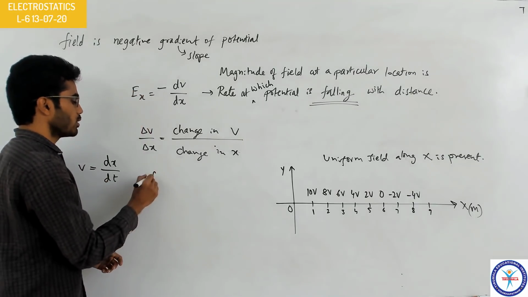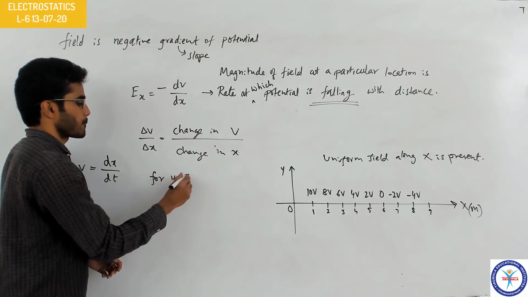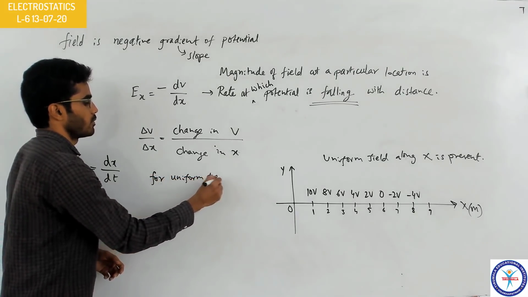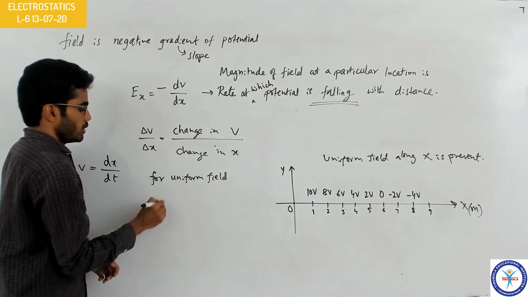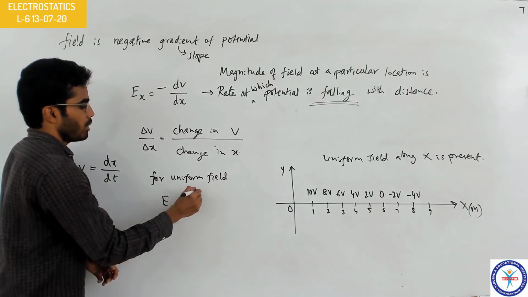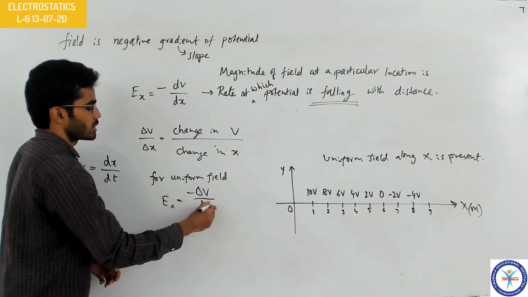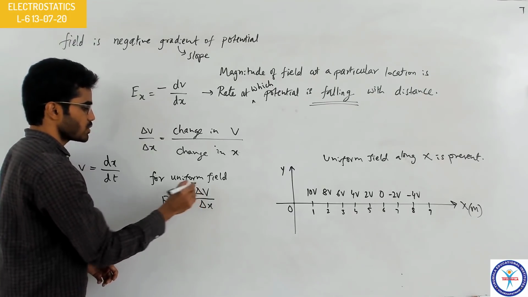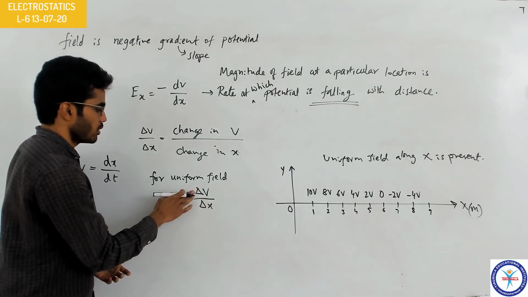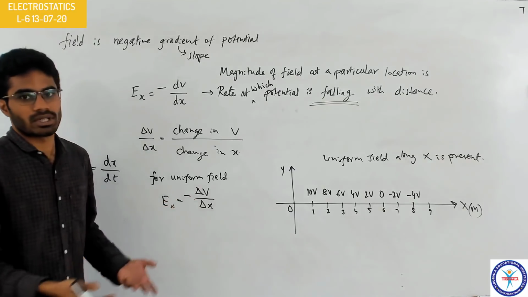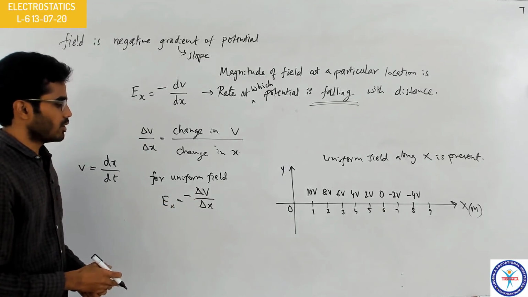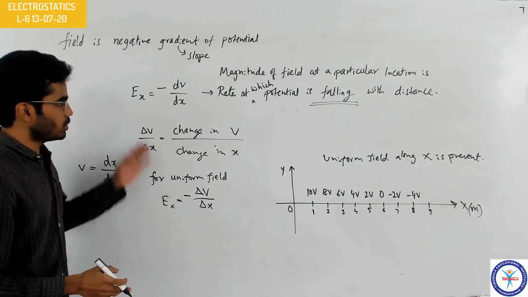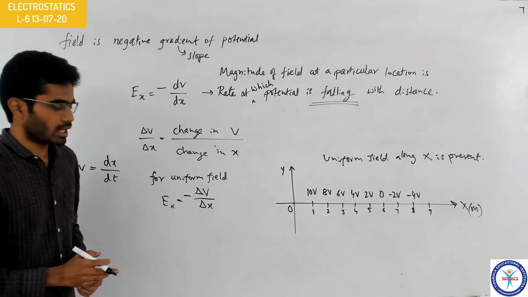For a uniform field, you can write it as minus delta V by delta x, because it is uniform. The changes which happen will be constant. The changes will not change, right? So you can write it as minus delta V by delta x.